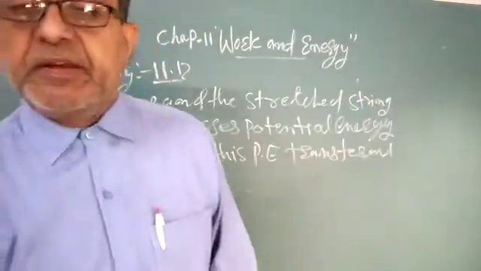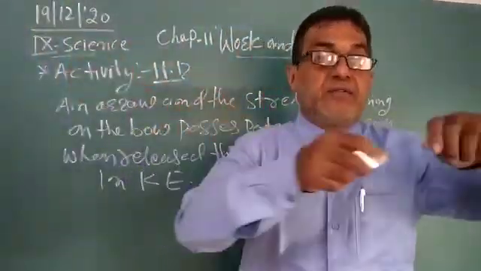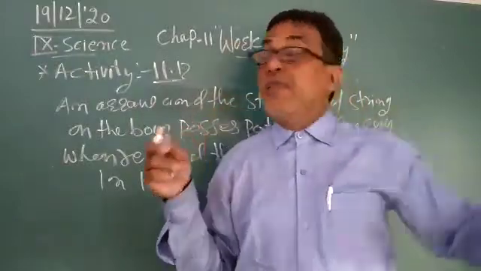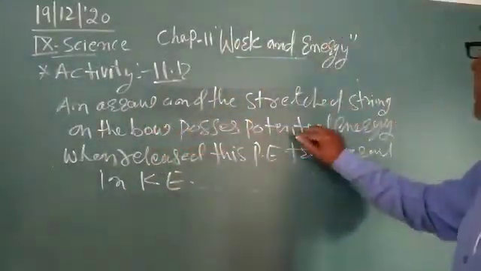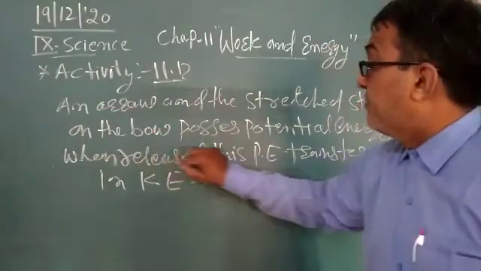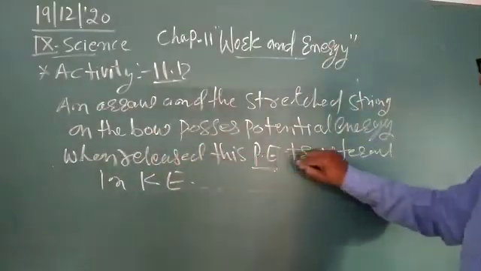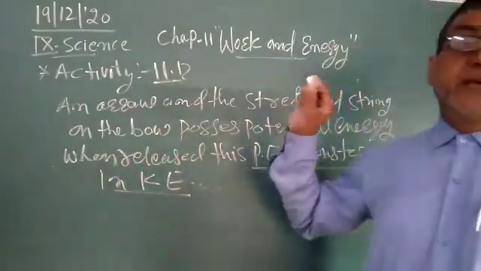So by this activity, we see stress and release. When you release this arrow, what happens? The bow possesses the potential energy, and at the releasing time, potential energy is transferred into kinetic energy.